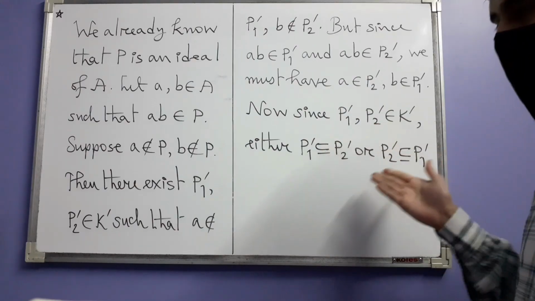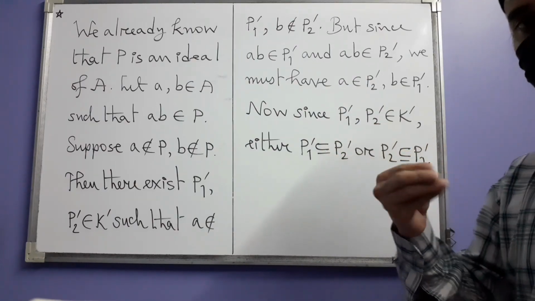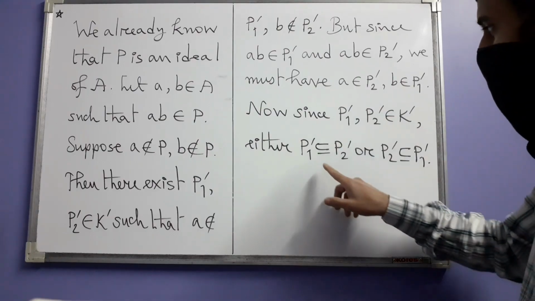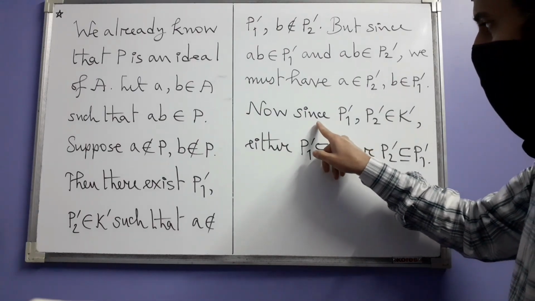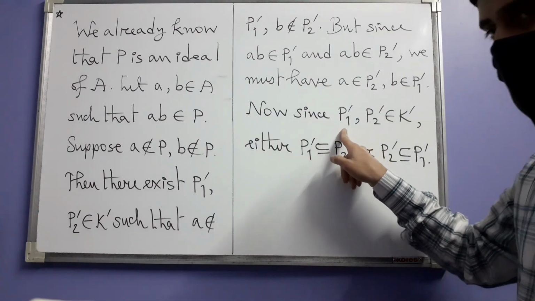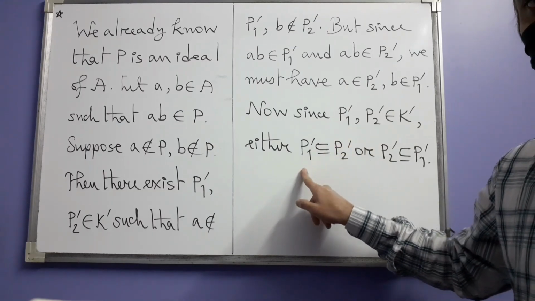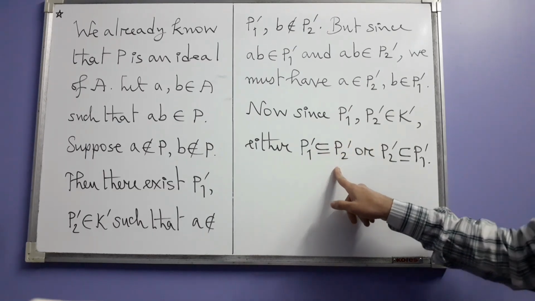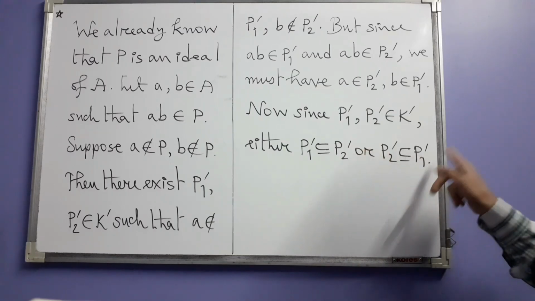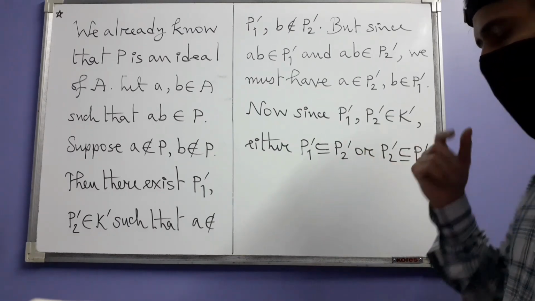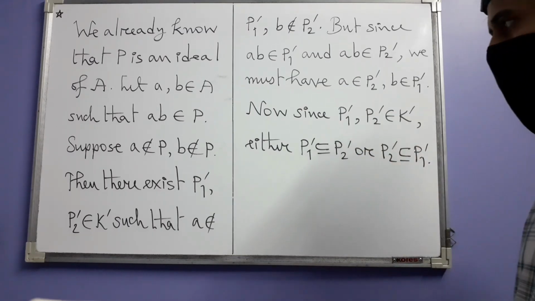But I did not write that. In fact, I wrote what the meaning is. That is, in place of P1 prime greater than or equal to P2 prime, I straight away wrote what it means: that P1 prime is a subset of P2 prime or P2 prime is a subset of P1 prime. One of these two things would happen.